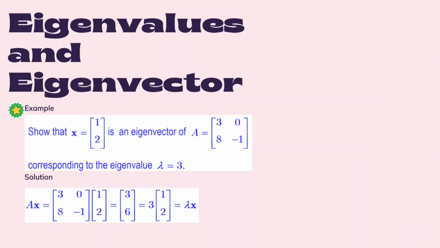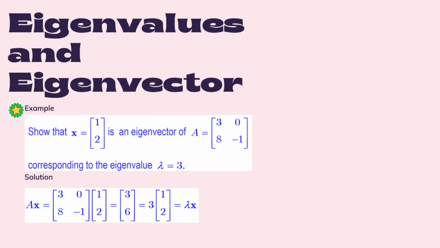So here's an example of eigenvalues and eigenvectors. Show that x = (1, 2) is an eigenvector of A, a matrix consisting of 3, 0, 8, and -1, corresponding to the eigenvalue lambda equal to 3. As we saw before, Ax is equal to lambda x.